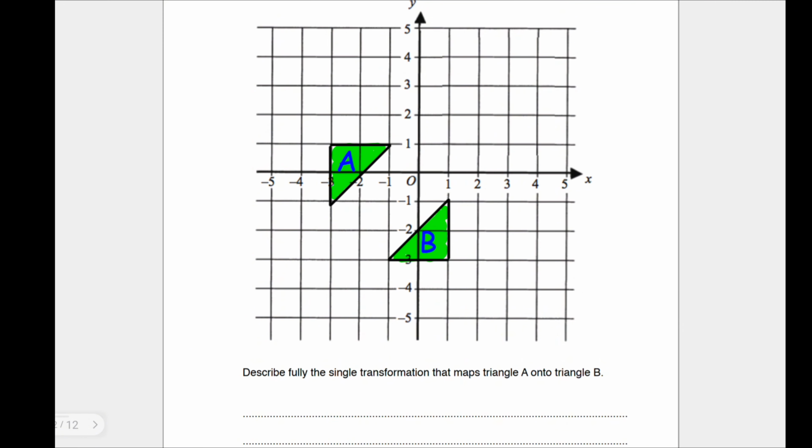Describe fully the single transformation that maps triangle A onto triangle B. So without doubt, the line of reflection is the line y equals x. This point right here.